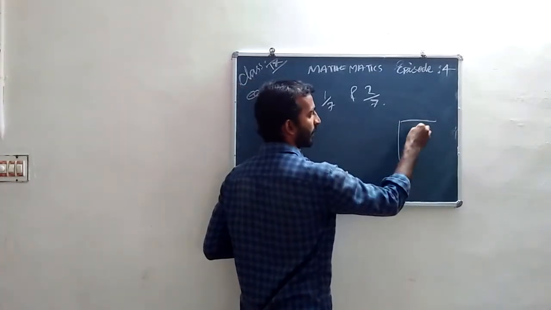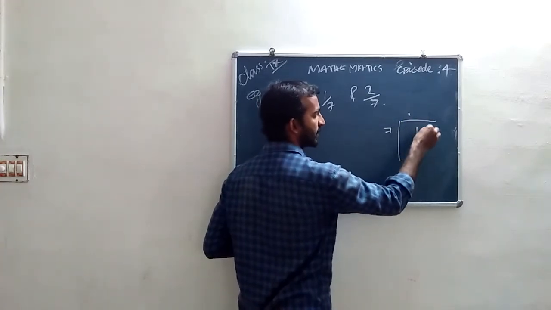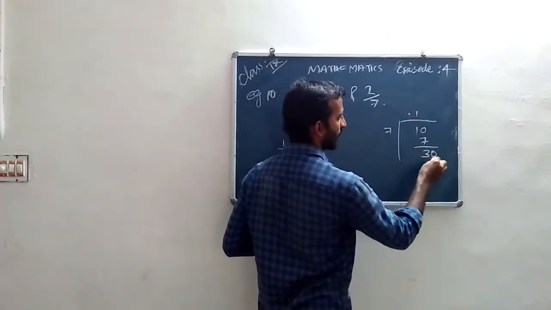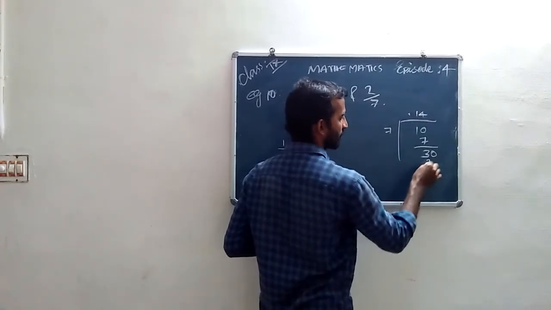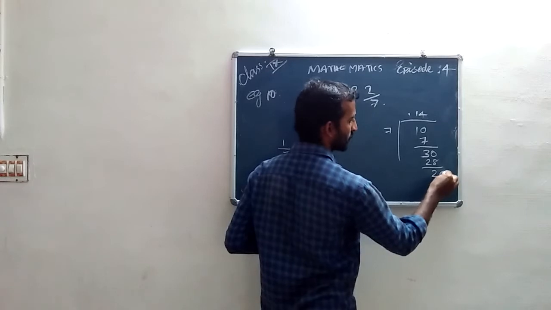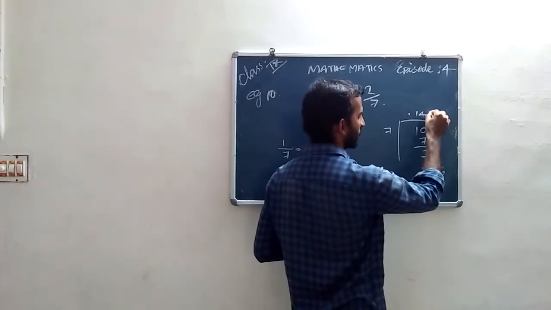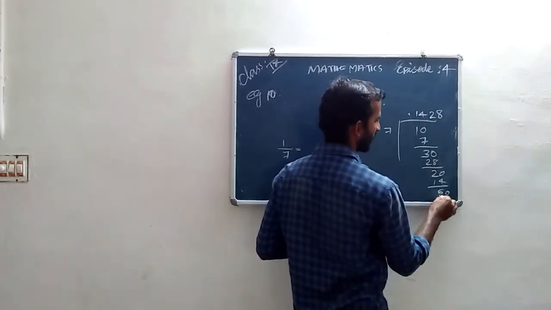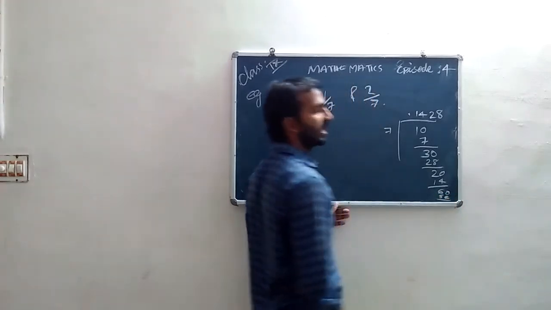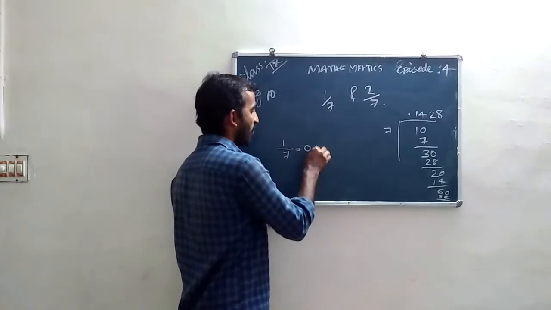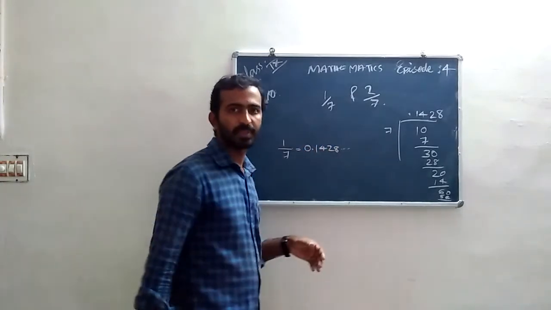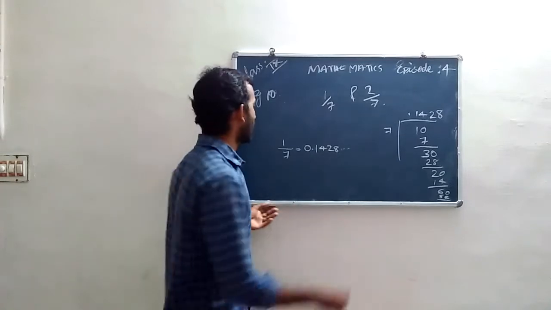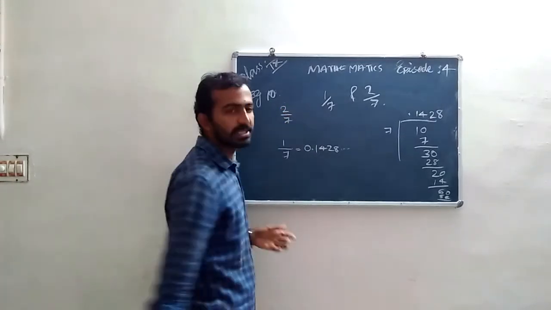That value is 0.142 etc. Is it correct? Yes. And what is the value of 2/7?